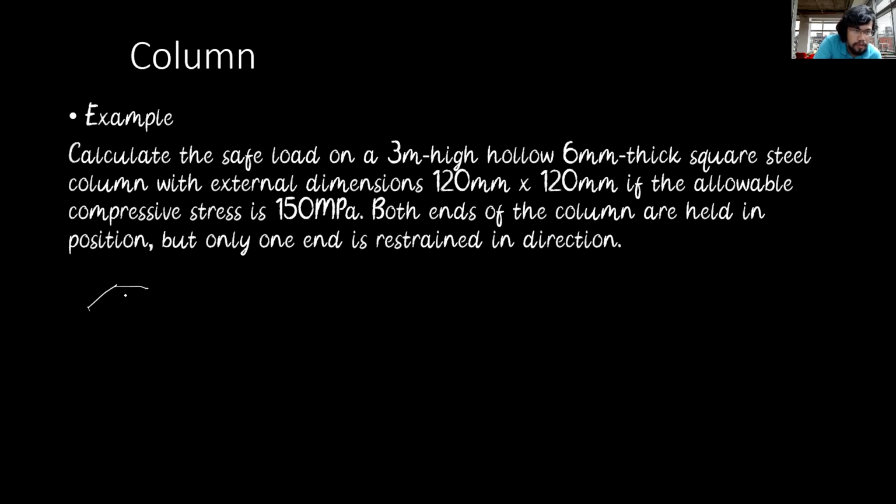So we have a column that's square in dimension. We're not going to see the fixed, but this just says that this is fixed in position and direction, and let's say that this one is fixed in position.